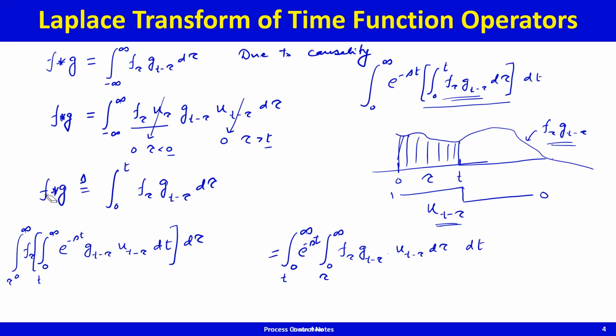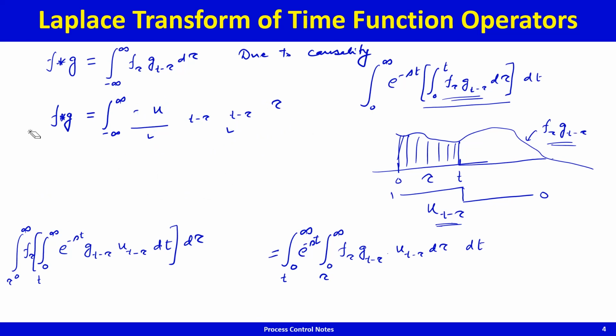Okay, let's keep going. Now if you look at this, substitute again: let t minus tau equal theta, so dt is equal to d theta.